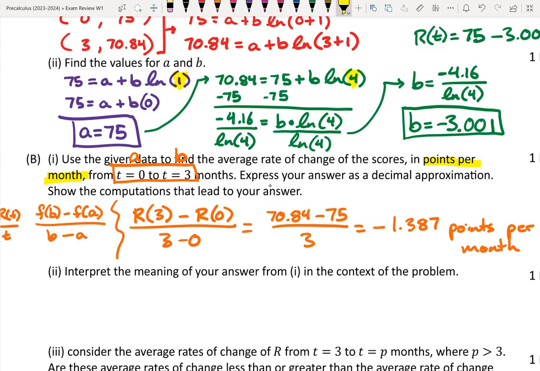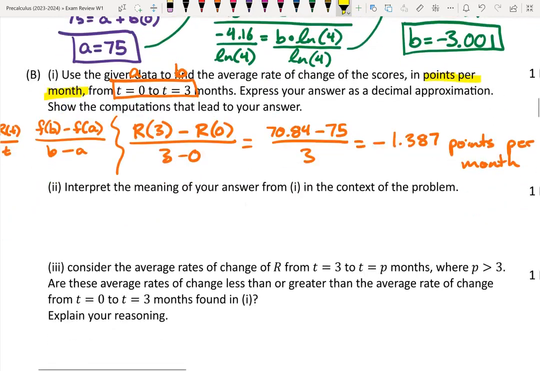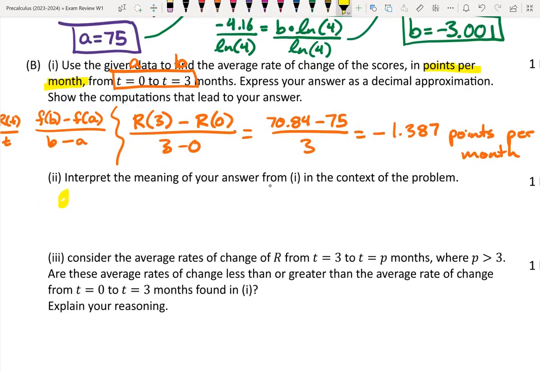Now we want to write it out with the context of the problem. So we can say, get an actual marker. There we go. On average, the group's score, which is R of t, is decreasing over this range.